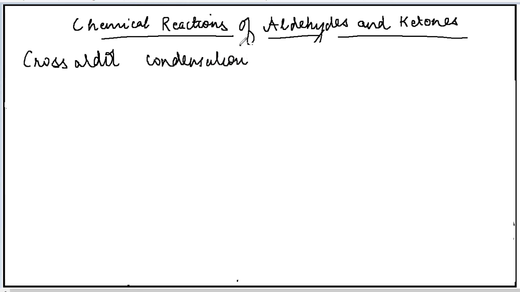What will be different in this type of condensation reaction is the reactants. The aldol condensation reaction will be there, but the reaction will take place between different aldehydes or different ketones. The aldol condensation reaction was taking place in the same aldehyde or ketone, but the cross aldol condensation reaction takes place between different aldehydes or different ketones.